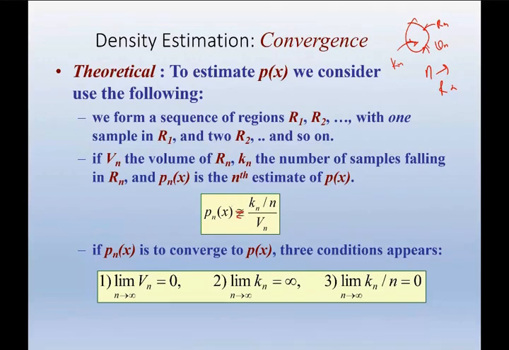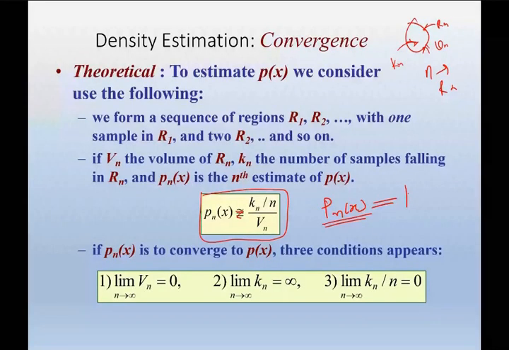So that we have seen already. And if Pn of x is to converge to p of x, that means Pn of x is the estimation and you want it to be equal to the actual distribution, then what we have to do?